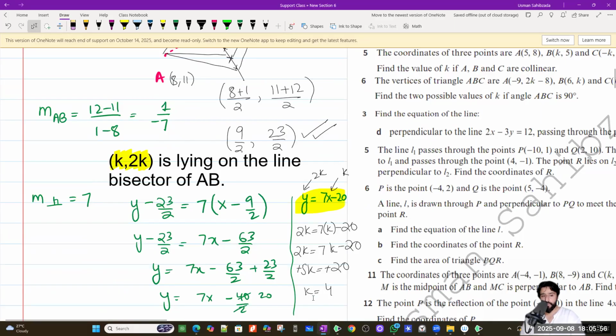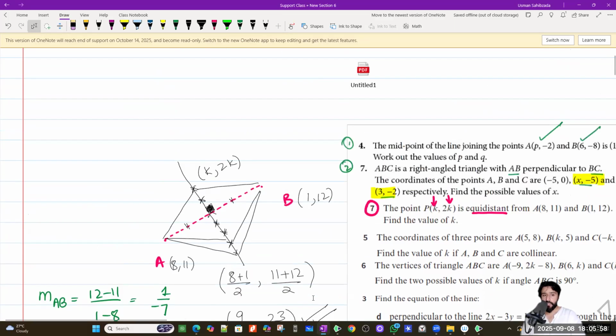If you do not do this, the other option is to use the distance formula. K comma 2k was the point P. So you'd find distance AP in terms of k, x2 minus x1 squared. And you can do like a k minus 8 squared plus y2 minus y1 squared under root.